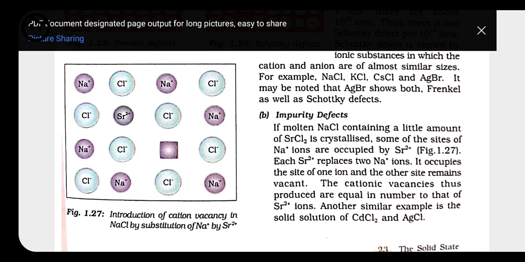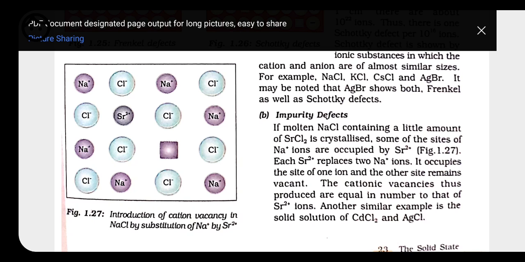So in this defect the crystal has some impurity present while heating it. Here, if the impurity has two positive charges, it displaces two positive ions, and one place is taken by the metal and the other place becomes vacant. Okay, so these are called impurity defects.